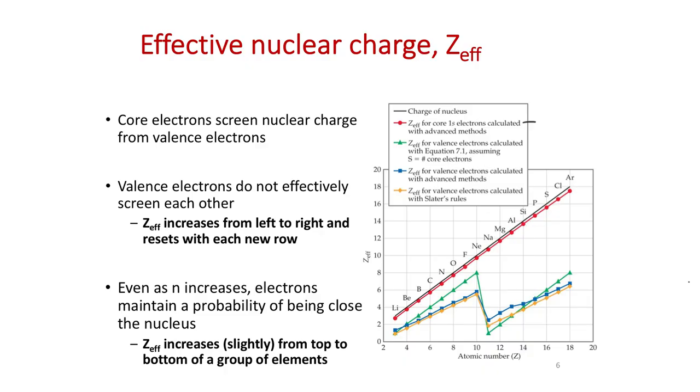So if you notice here, the red dots are showing us that lithium sees about a +3 charge, all the way to argon, which sees about a +18 charge, and there's a tiny smidge where it's not experiencing the total full charge. There might be a little bit of shielding by those little bits of probability that all those other subshells have of being relatively close to the nucleus, but they don't add up to too much.